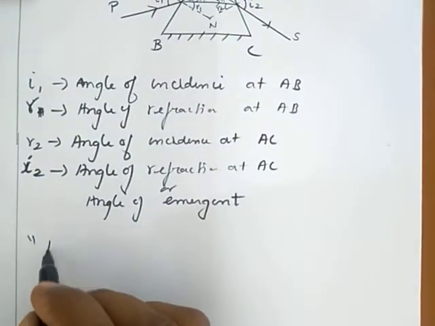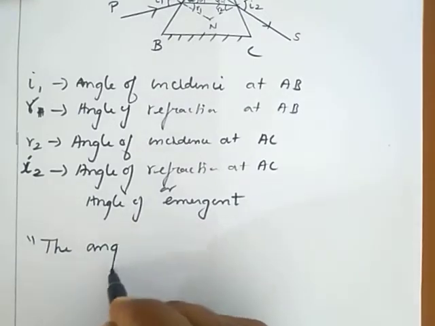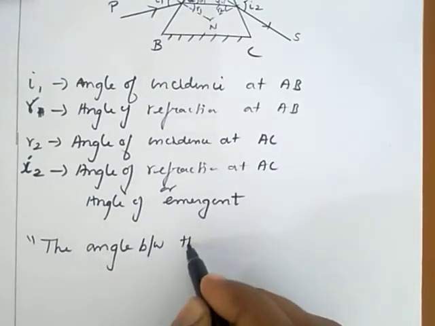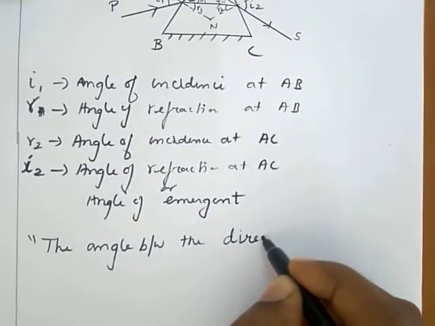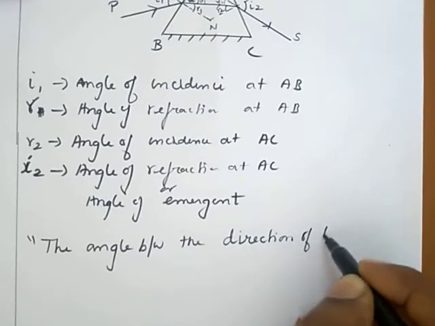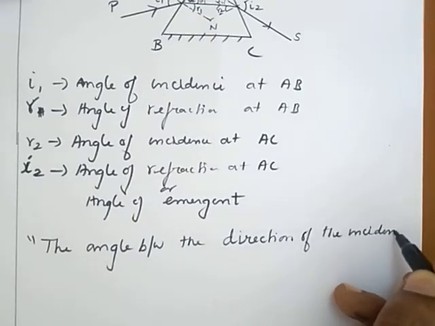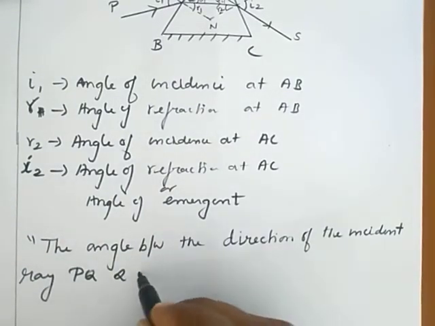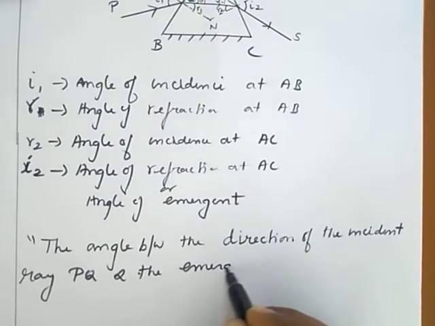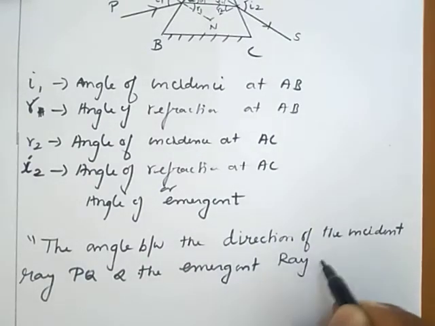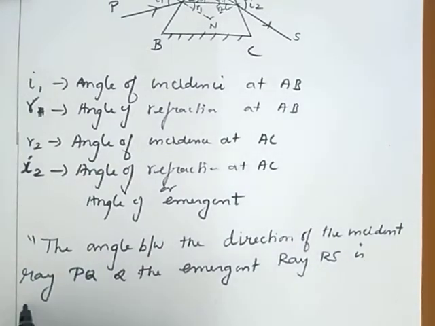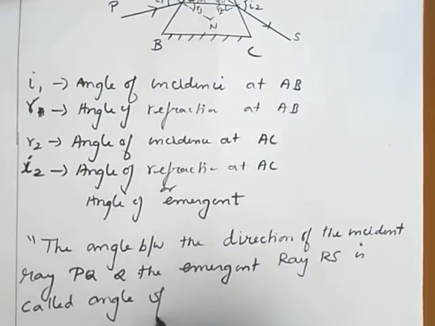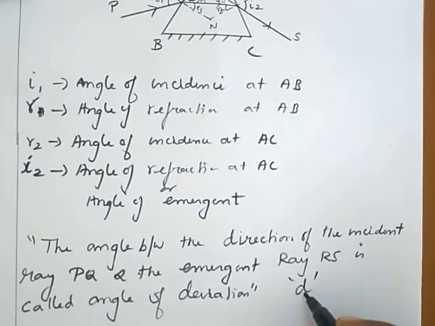The angle between the direction of the incident ray PQ and the emergent ray RS is called the angle of deviation. It is denoted by the letter small d.